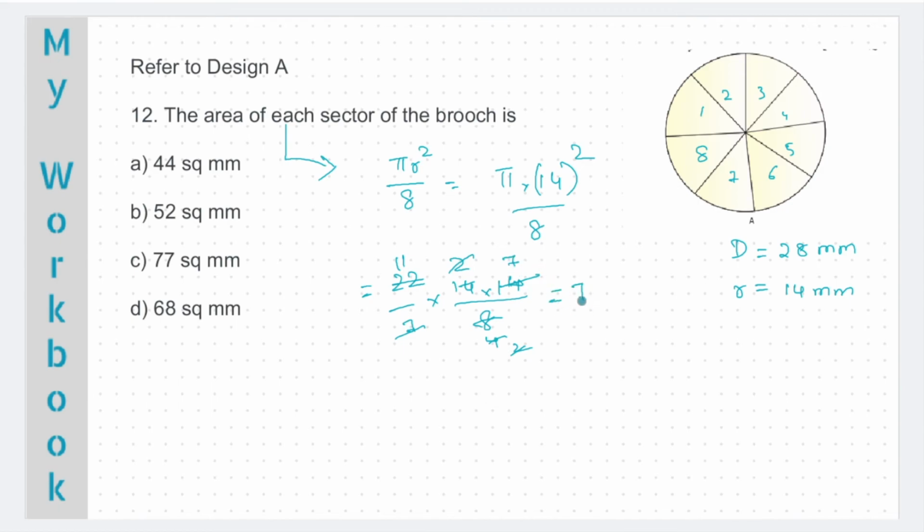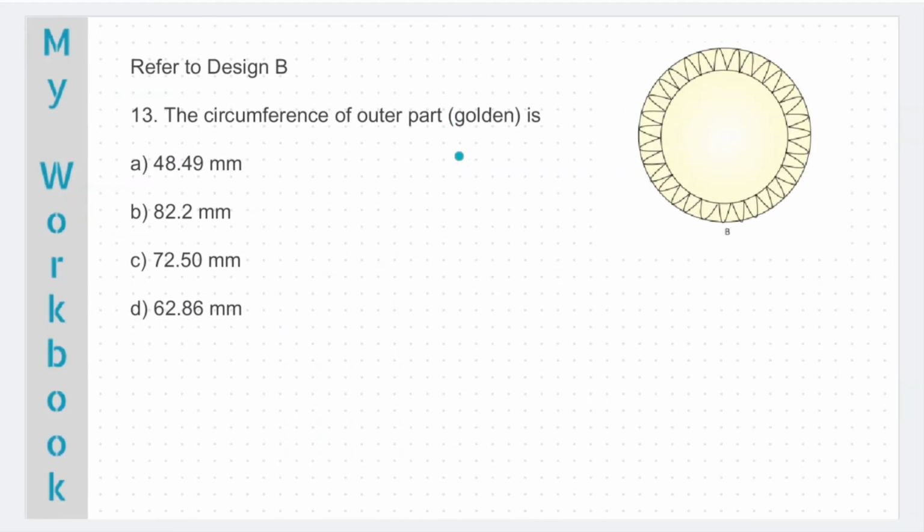It will be 77 square millimeter. So the area of each of this sector is 77 square millimeter. Option C is the correct answer.